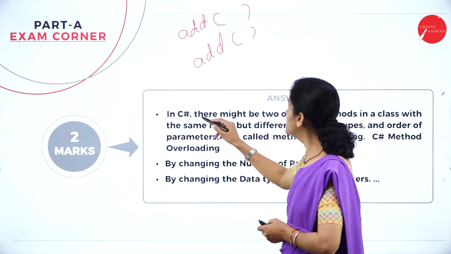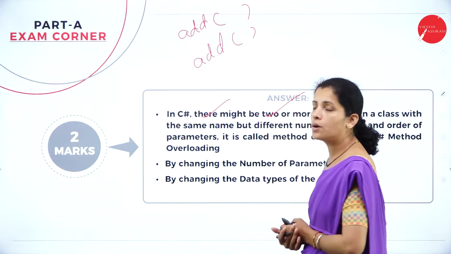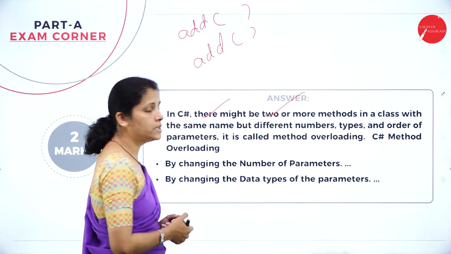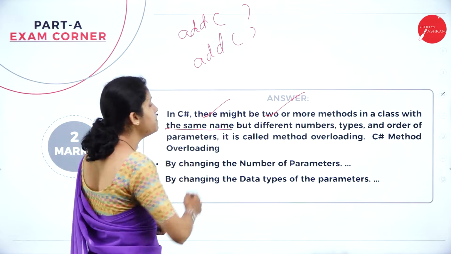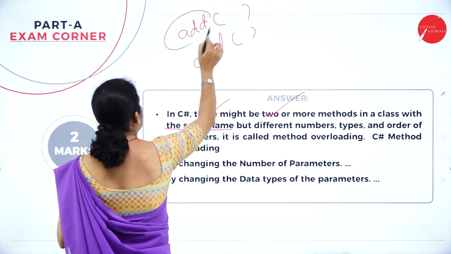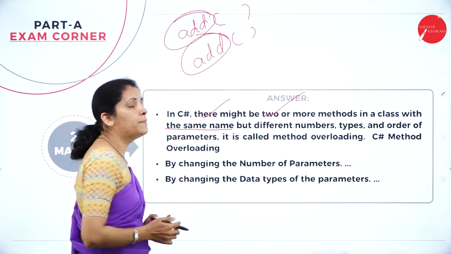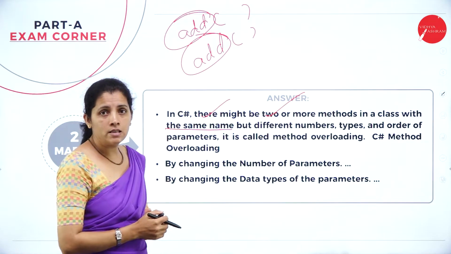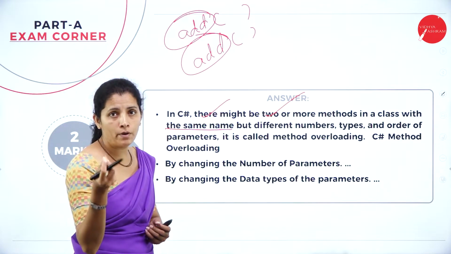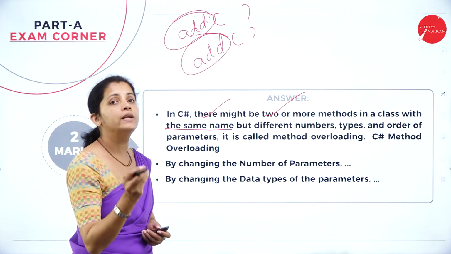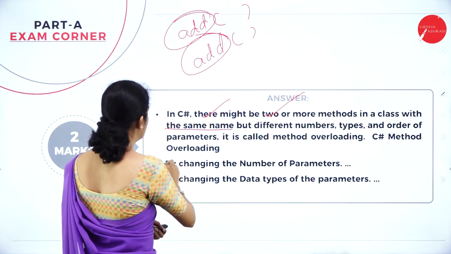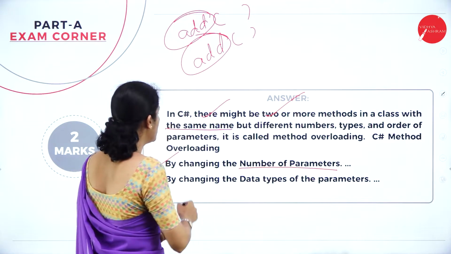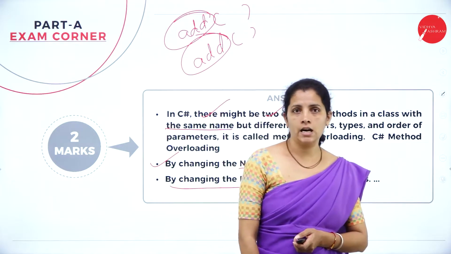So here there might be 2 or more methods in a class with the same name. So this is my method. And both the methods have the same name. And what's the difference? I'm going to pass a different number of parameters or different types of parameters. So here, by changing the number of parameters or by changing the data types.